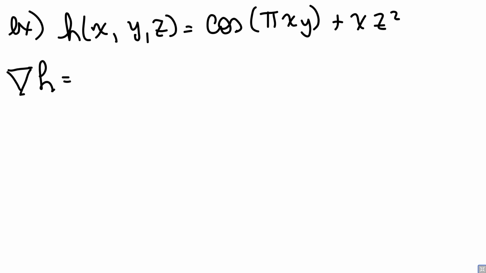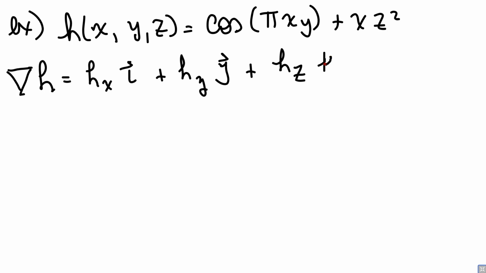So step one is to find the gradient of h. That means we're going to do the partial of h with respect to x in the i direction plus the partial of h with respect to y in the j direction plus the partial of h with respect to z in the k direction. So for the i direction, what are we going to have for the partial with respect to x?